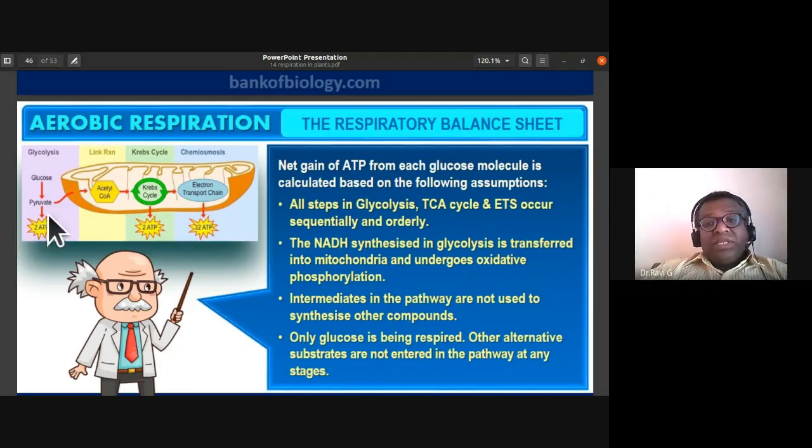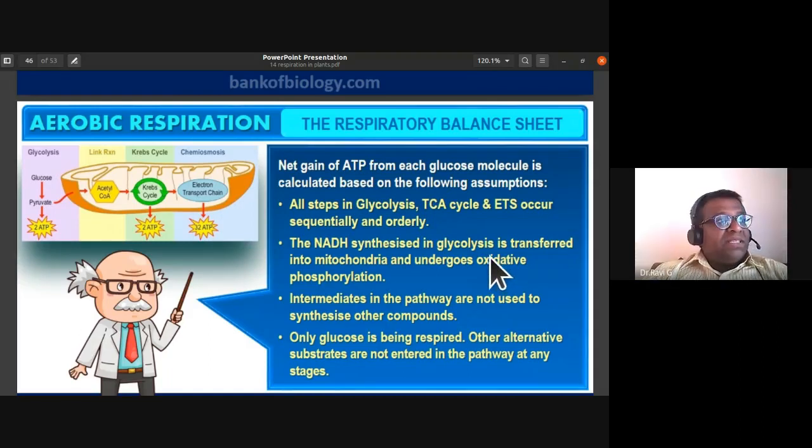The NADH2 synthesized in glycolysis is transferred into mitochondria and undergoes oxidative phosphorylation. The intermediates in the pathway are not used to synthesize any other compounds. So these are all the assumptions for the net gain obtained during this respiration process.